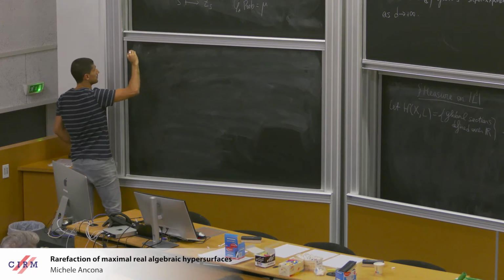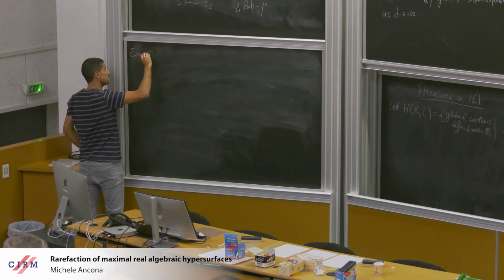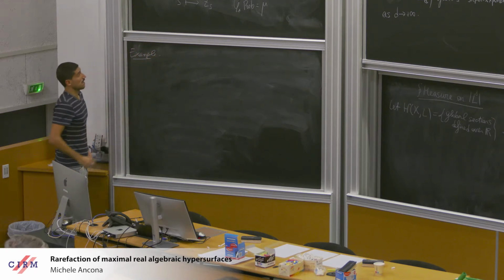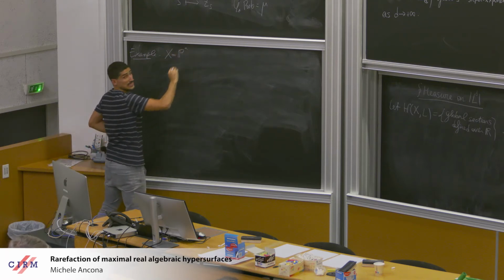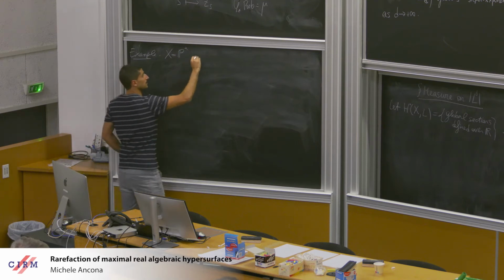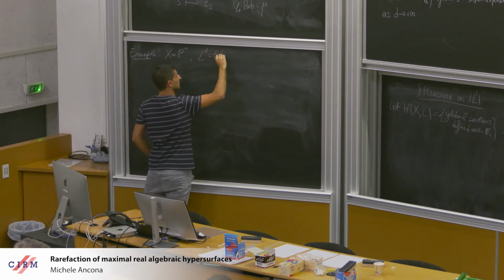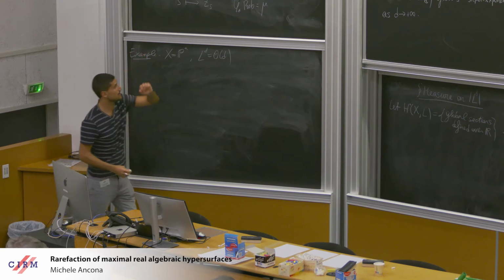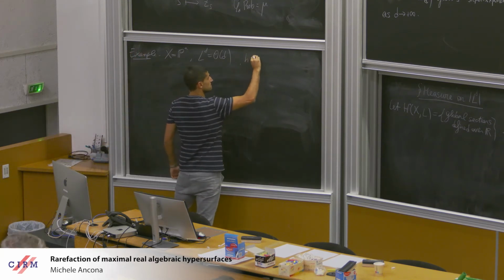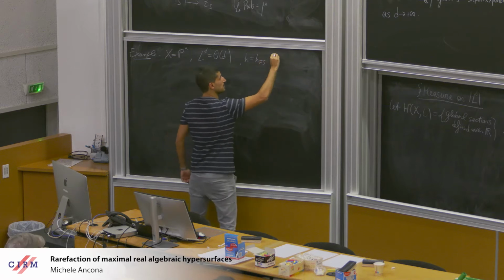And the second remark is more an example. It is when X is the projective space, the line bundle is the degree d line bundle on the projective space, and the Hermitian metric is the Fubini-Study metric.